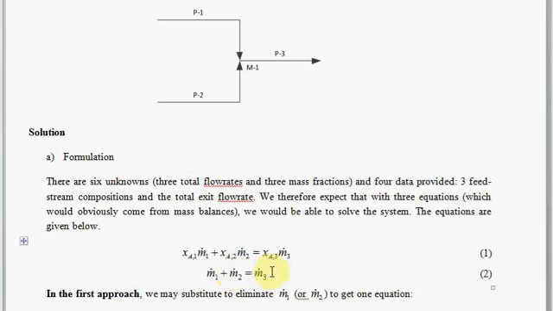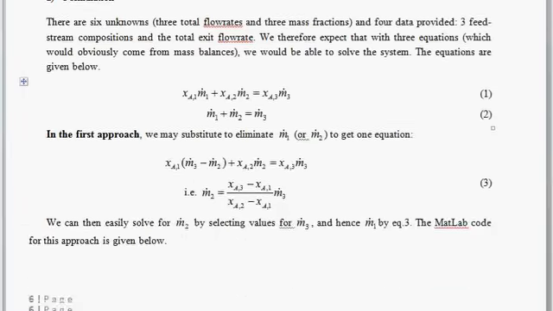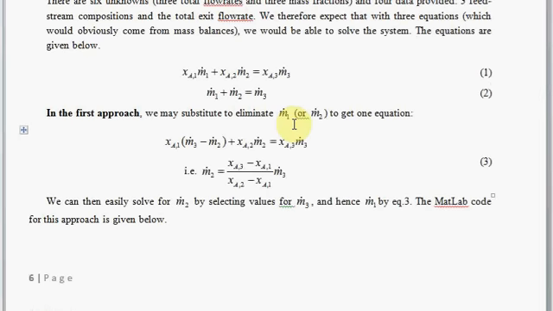Remember, dots usually denote time derivatives. We've got m dot i, that's the mass flow rate in stream i, and that has, generally speaking, the units kilograms per second, right? That's in SI units. So in the first approach, we can try to eliminate this m dot 1.